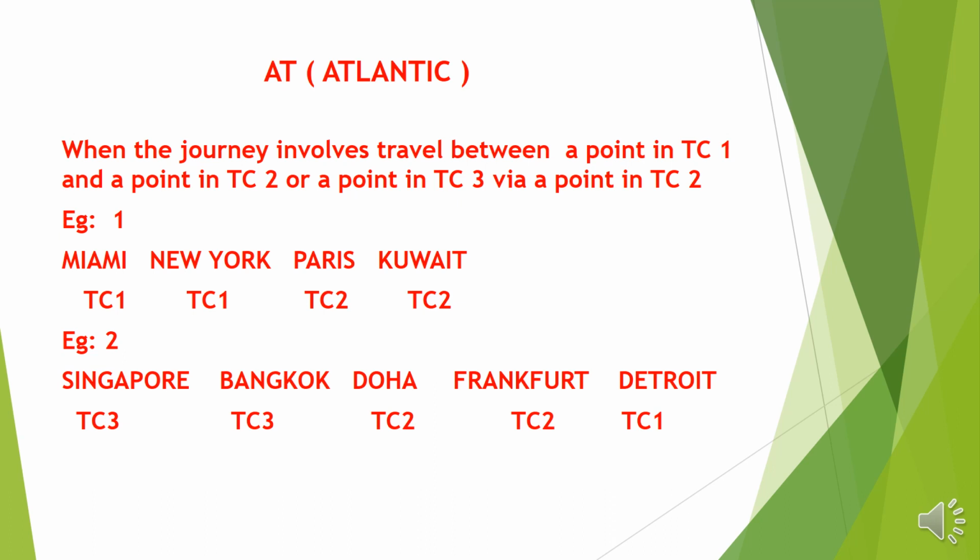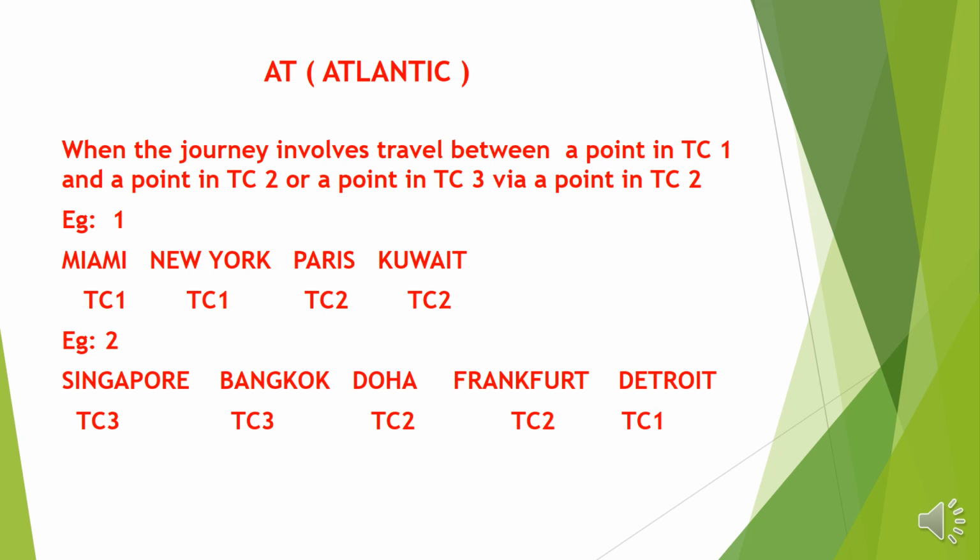So again, now the journey starts in 3 and the passenger goes to 1. It is important to note that in example number 2, the passenger is not flying directly from TC3 Singapore to Detroit. Had the passenger flown directly from Singapore to Detroit, then the passenger is flying from TC3 to 1, then of course the global indicator AT cannot be used, and there we use the global indicator PA, which is Pacific Ocean. The passenger will be crossing the Pacific Ocean.